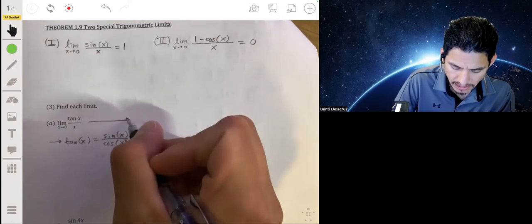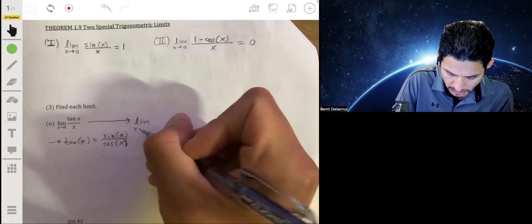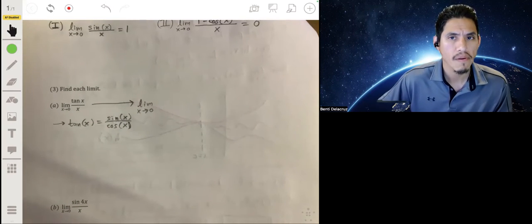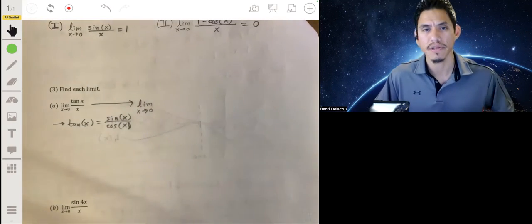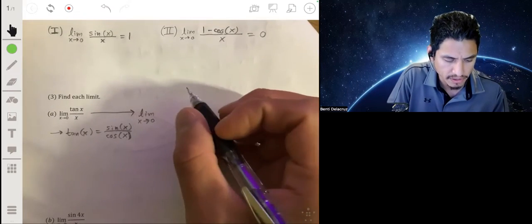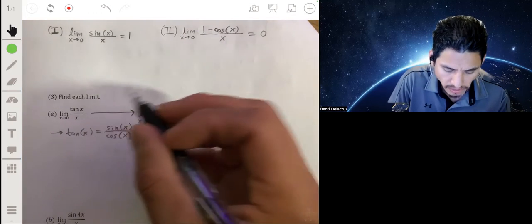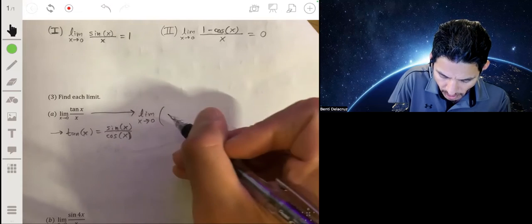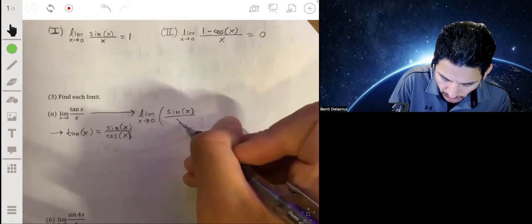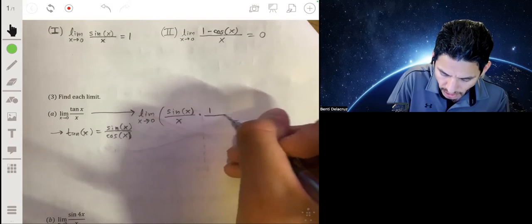So we can rewrite this as the limit as x approaches 0. Now let me try to fix this blurriness. So we'll make it equivalent to the limit as x approaches 0, and instead of writing tangent of x, we're going to write this as the sine of x over x times 1 over the cosine of x.